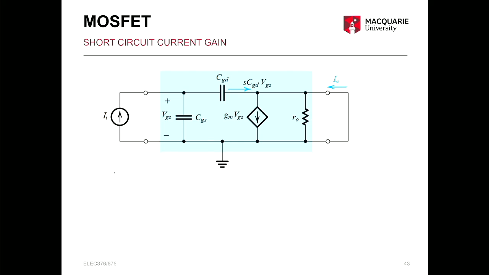So here Io is equal to gm VGS minus this current, right? gm VGS minus s CGD VGS, which is equal to VGS times (gm minus s CGD).